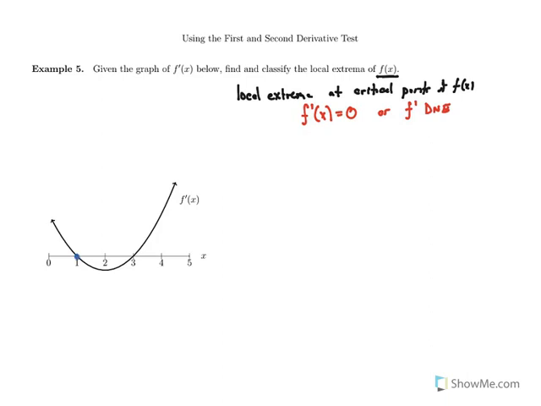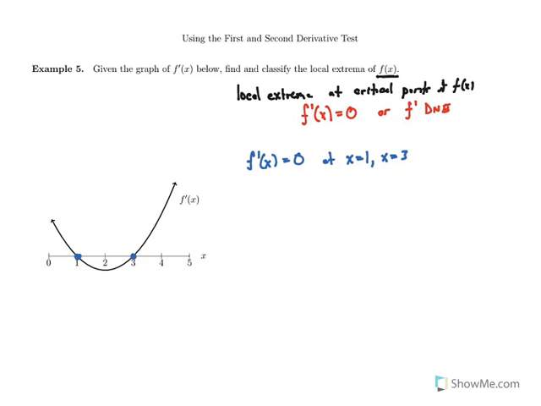So we know that the derivative is 0 here at x equals 1 and x equals 3. That doesn't necessarily mean that those are local extrema, but it means that if there are local extrema, they have to occur at those points. Remember, local extrema of the function, not of the derivative.